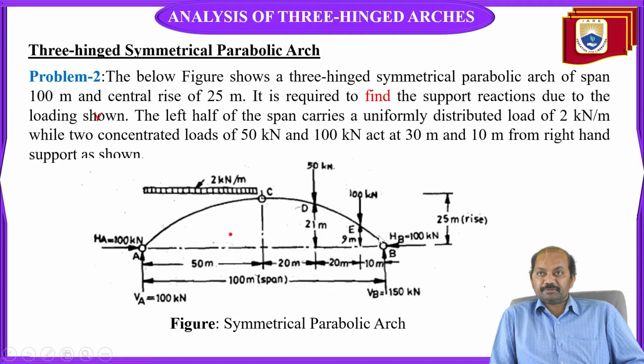Right hand support is B. Now we have to find the support reactions VA, VB, HA, HB.